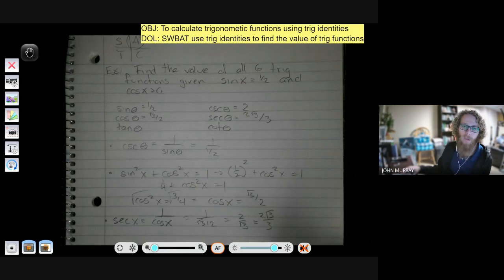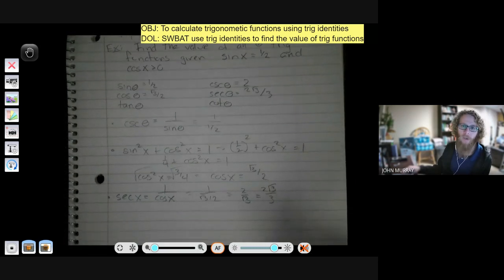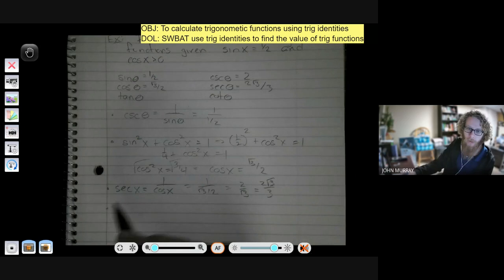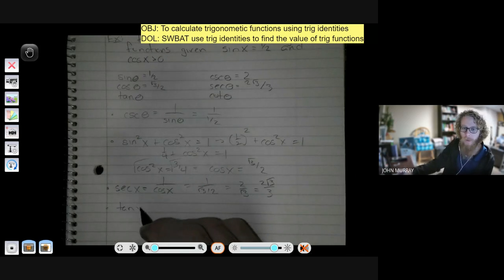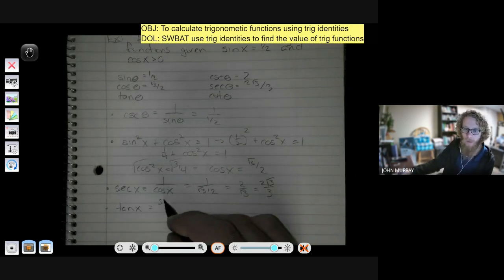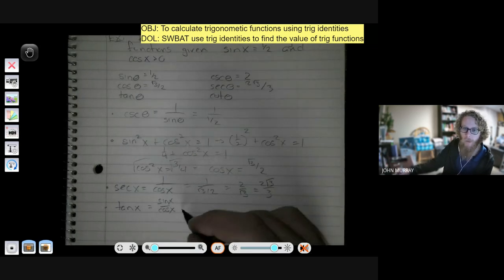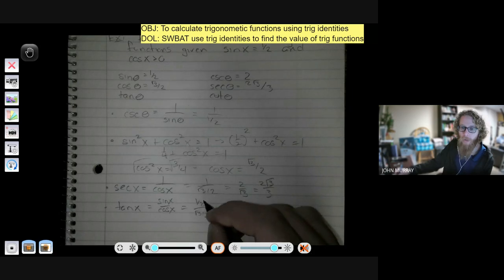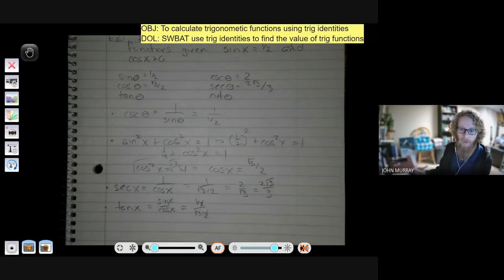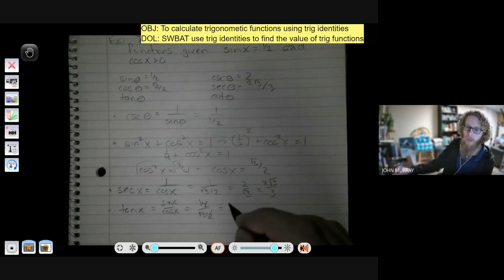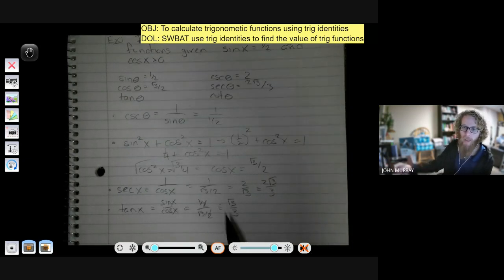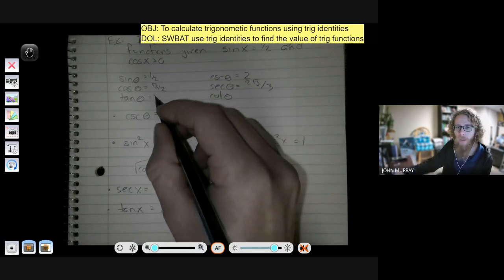And then for tangent and cotangent, we just use our quotient identities. Tan is sine over cosine, which is 1/2 over root 3 over 2. Our denominators eliminate each other. Simplifying this, I get root 3 over 3.